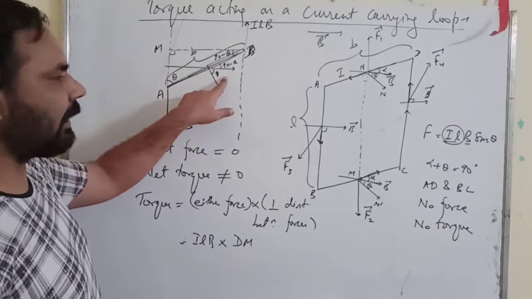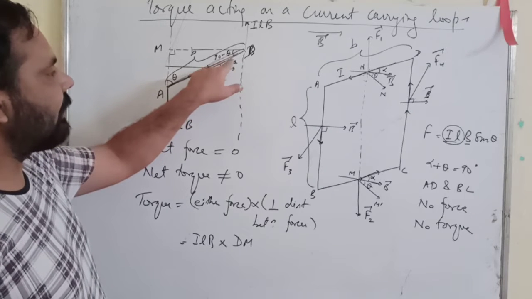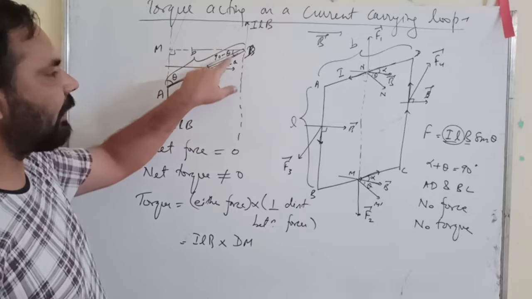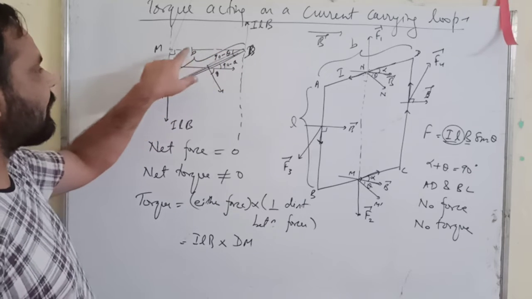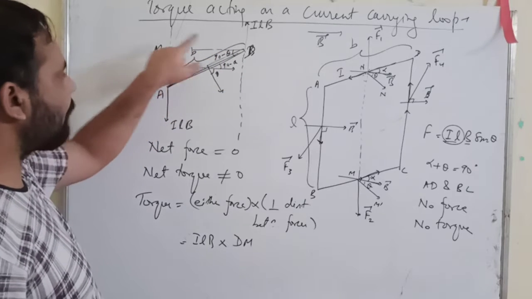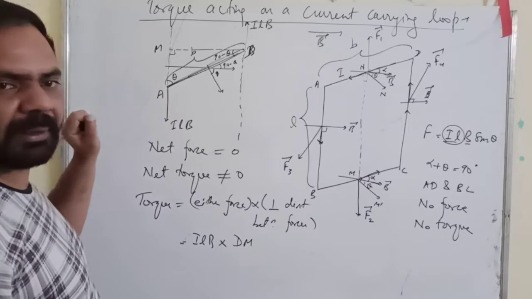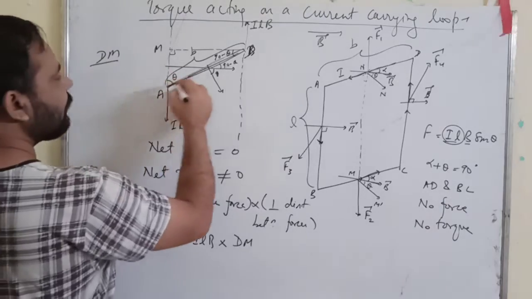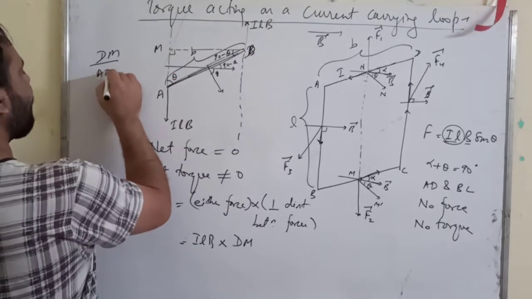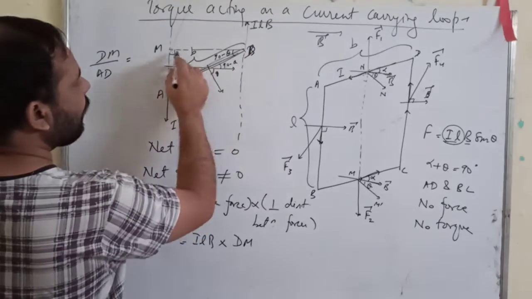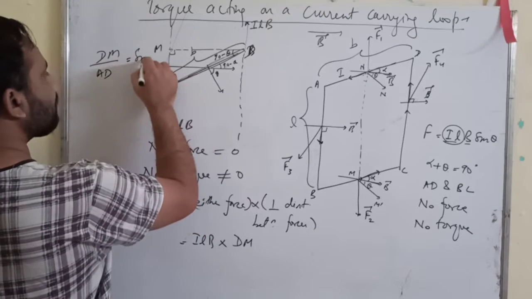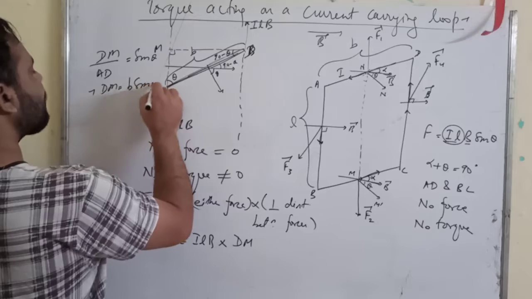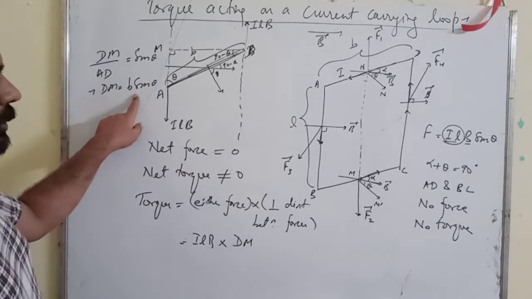Once again, this angle is theta, this angle is 90 minus theta, so this angle is 90 minus theta, alternate angles, and if this is 90 minus theta and this is 90, then their sum must be 180, so this angle must be theta. So can you write DM upon AD is equal to opposite side by hypotenuse equals sine theta. So DM is equal to B sine theta.